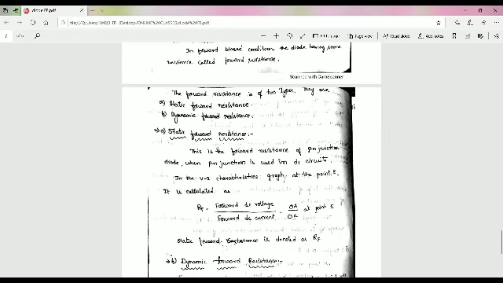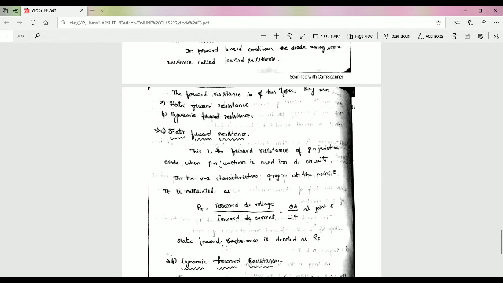Static forward resistance is the forward resistance of the PN junction diode when it is used in a DC circuit and the applied forward voltage is DC. DC means direct current. This resistance is denoted by capital RF, forward resistance, and is calculated at a particular point on the forward characteristics.